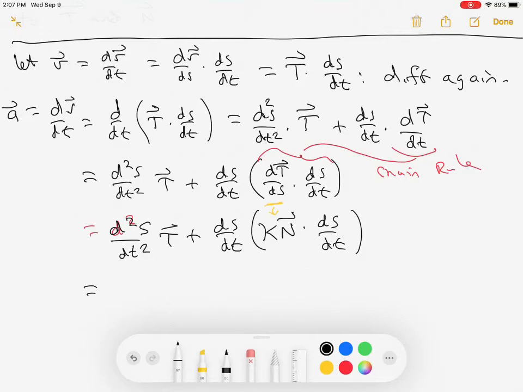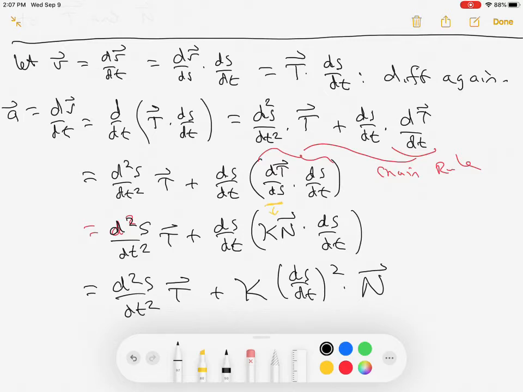All right, now rewriting this whole thing, we have d squared s/dt squared T plus kappa (ds/dt) squared times N. And remember, we're looking at acceleration here.